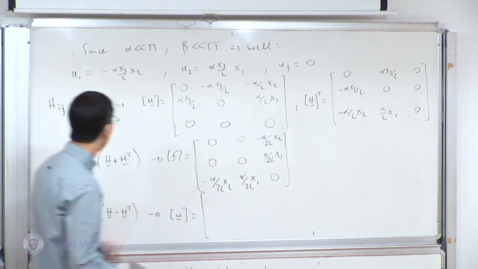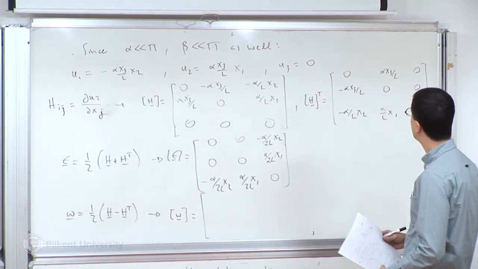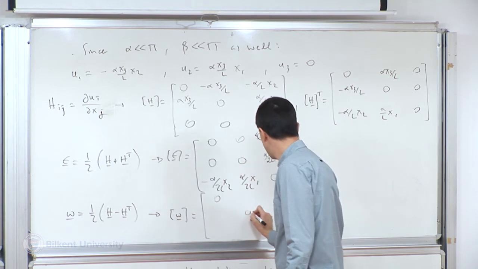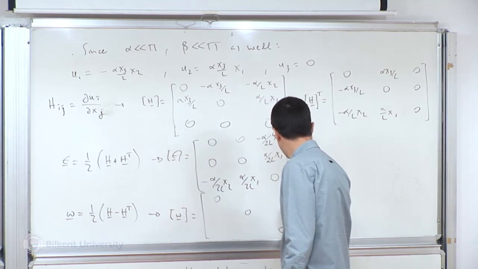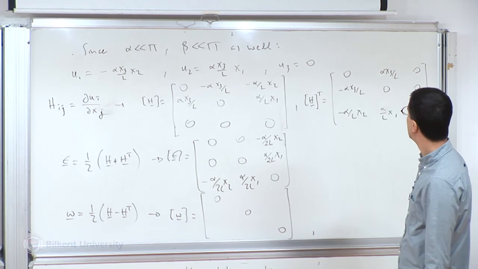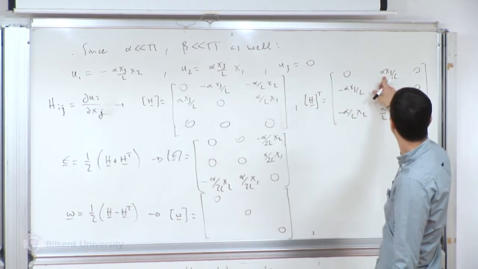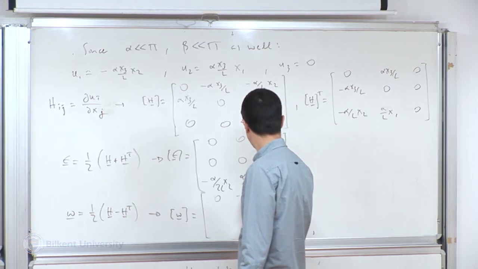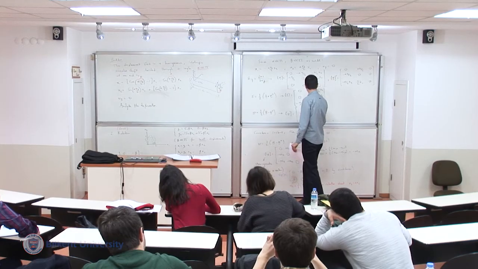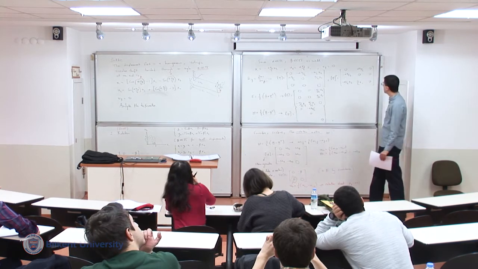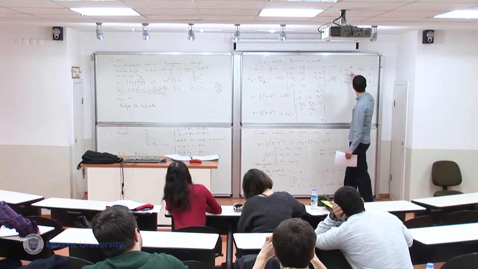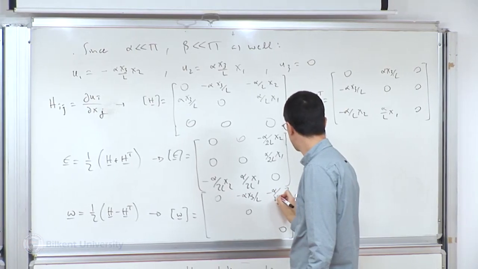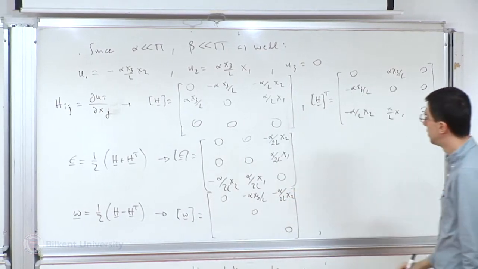Okay, so now this one minus that one divided by 2. Again, the diagonals are conveniently 0, 0, 0. And this minus that one, so that is the same quantity divided by L only. Okay, it's the same thing. And then this minus that divided by 2, so it's the same as this entry, minus alpha over 2L x2.